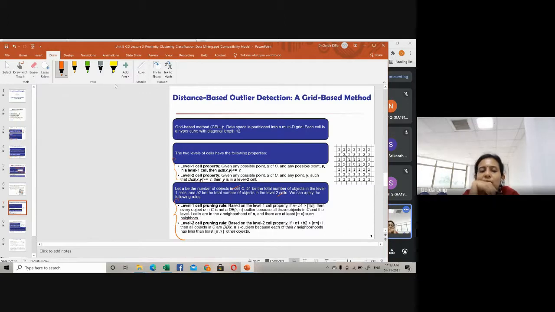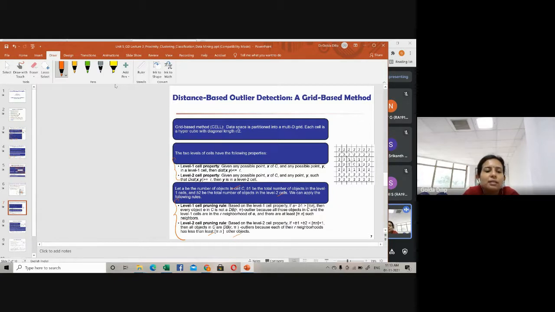That's the pruning rule. The level 2 pruning rule is based on the level 2 cell property. If A plus B1 plus B2 is less than this threshold, then all objects in C are treated as outliers, because each of their R neighborhoods has fewer than the required pi times n other objects. So that's how to apply these two rules.